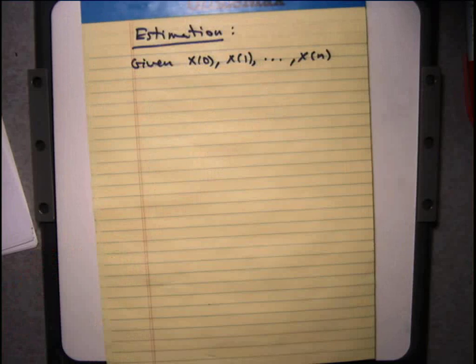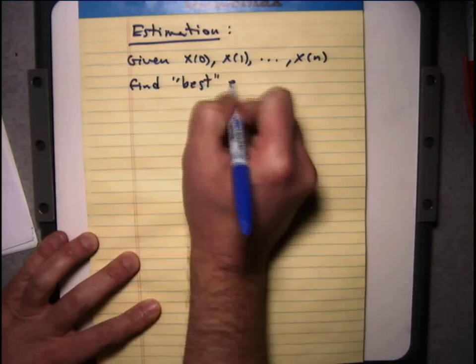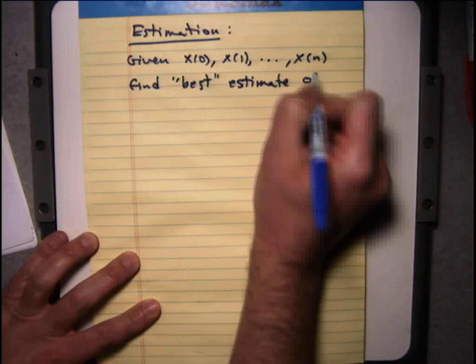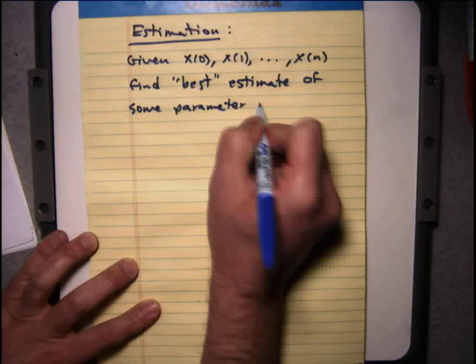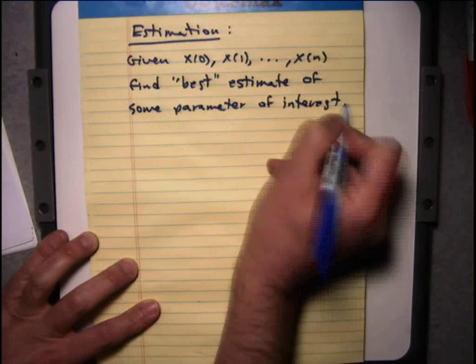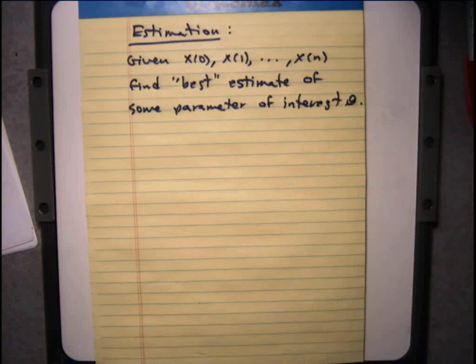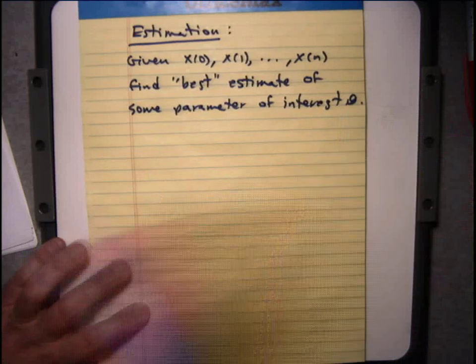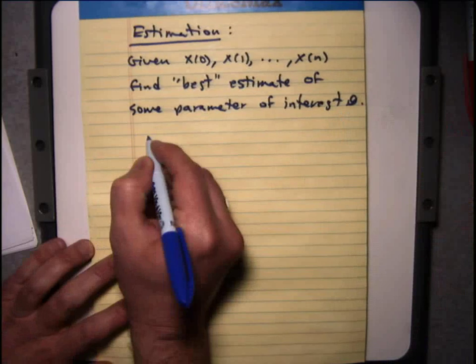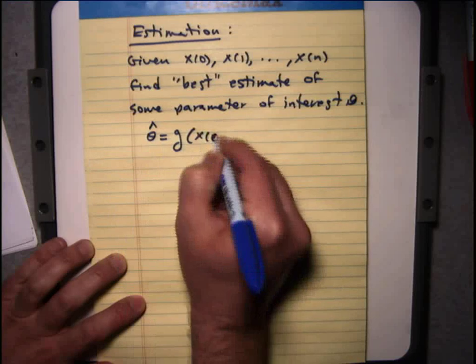And there is a particular parameter value that we are interested in, and what we want to do is, in some sense, find the best estimate of some parameter of interest. And of course, this parameter of interest, let's call it theta, is somehow related to these data points that we have. So the idea is that the estimate for this parameter is going to be some function of the data, and we're generally going to denote it by theta hat, which is some function g of this data, x0, x1, and so on.